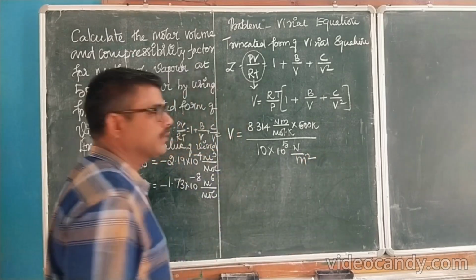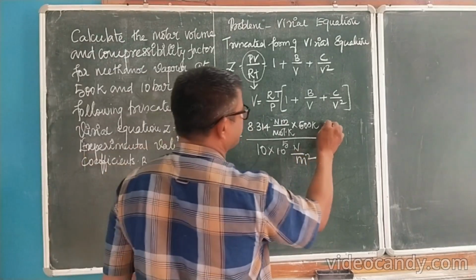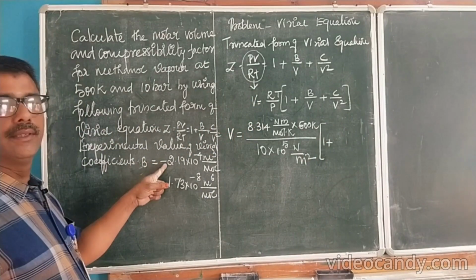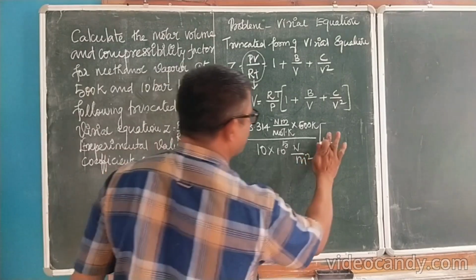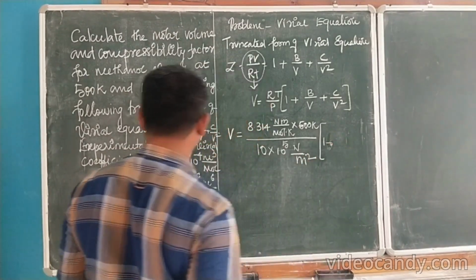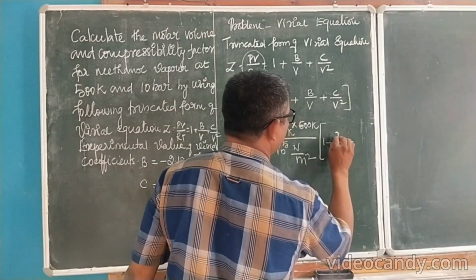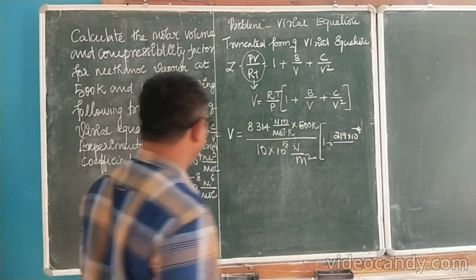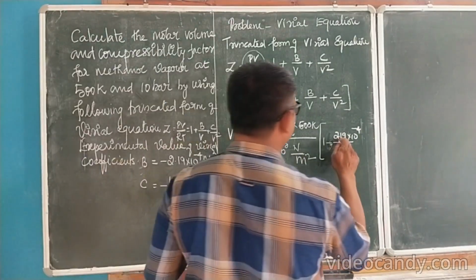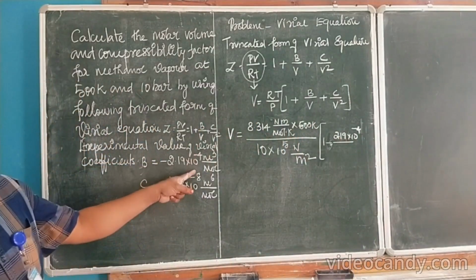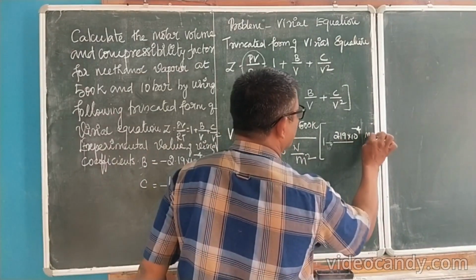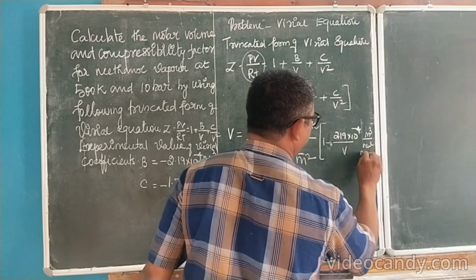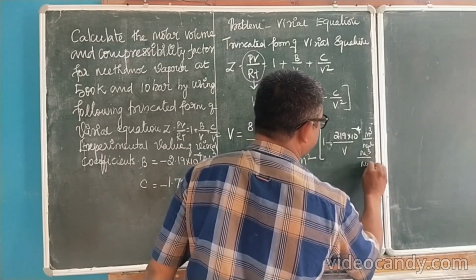Clear? Next, 1 plus, already B is minus, directly I am going to substitute the minus sign, minus 2.19 into 10 to the power of minus 4 divided by V. The unit of 2.19 into 10 to the power of minus 4 is meter cube per mole, divided by V. V is again meter cube per mole, unit gets cancelled.